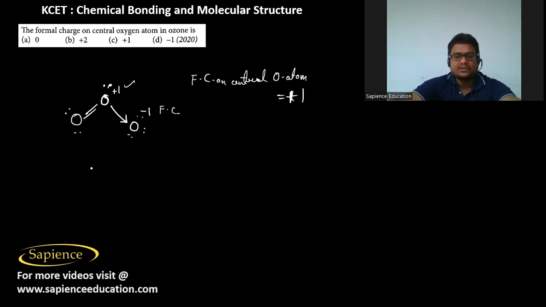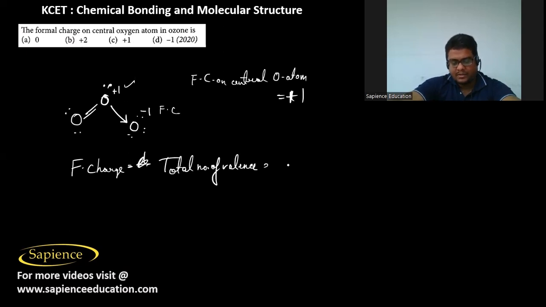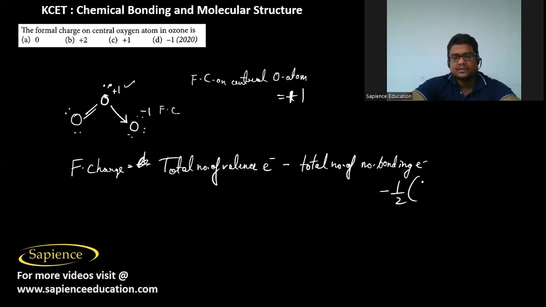Or we can also use the formula for finding formal charge. So formal charge is equal to the total number of valence electrons, minus the total number of non-bonding electrons, or lone pair electrons, minus half of the total number of bonding electrons.